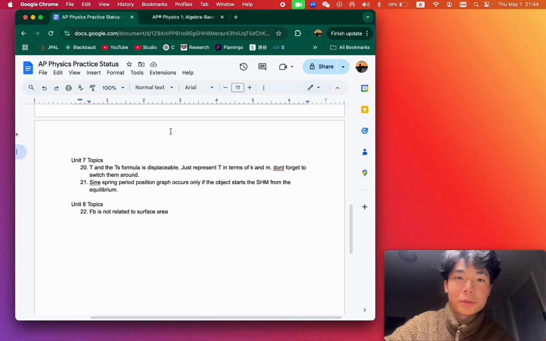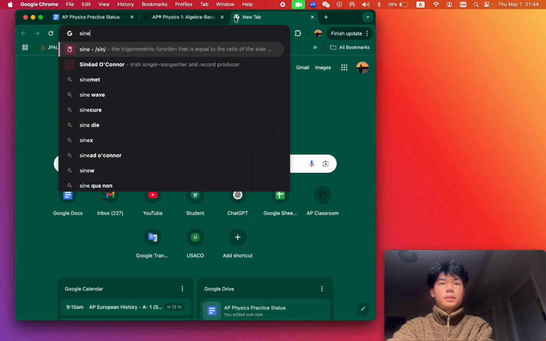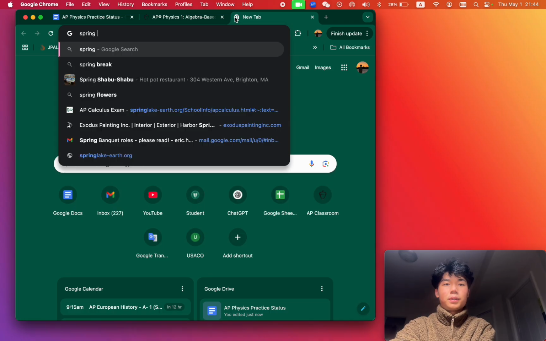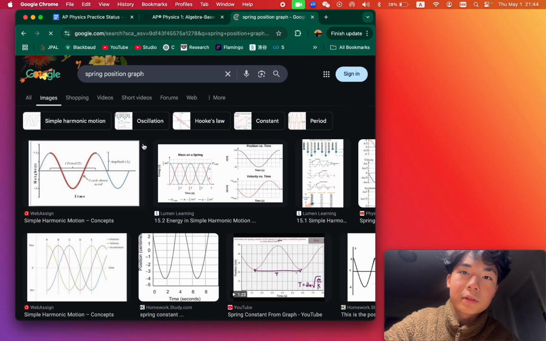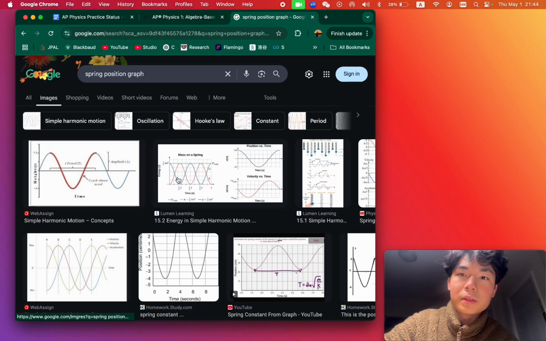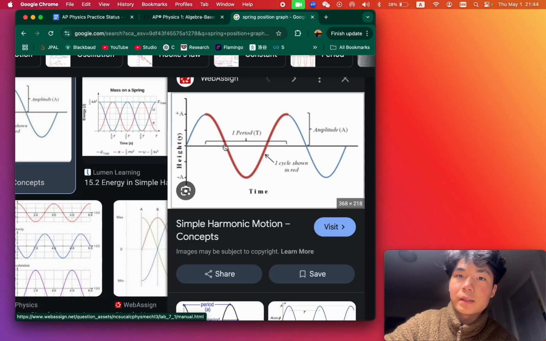Okay, 21. Sine spring period position graph. If you have a spring position graph like this, you know that when it is here, it's basically at the equilibrium.